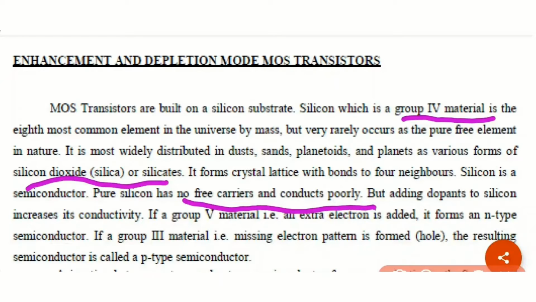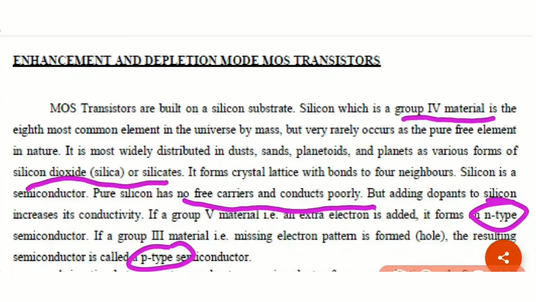If a group 5 material, that is an extra electron, is added, it forms an N-type semiconductor. And if a group 3 material, that is a missing electron pattern, is formed, that is a hole, the resulting semiconductor is called the P semiconductor. So you people know the N-type and the P-type semiconductors. So you are adding some impurity.